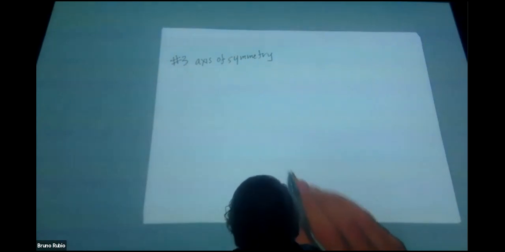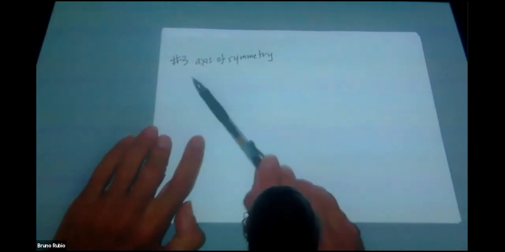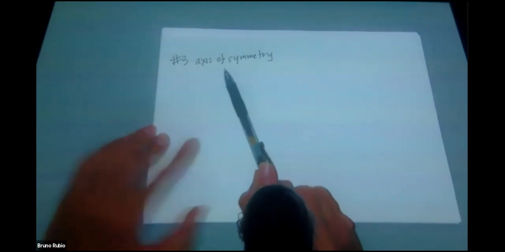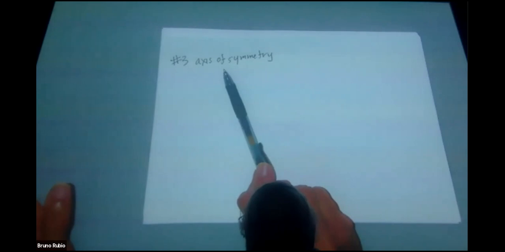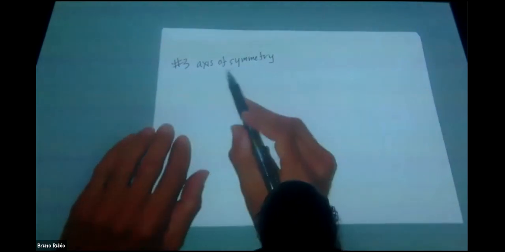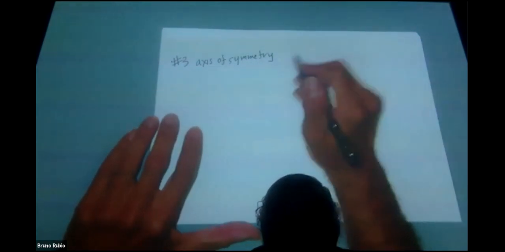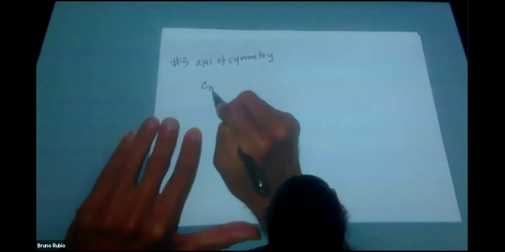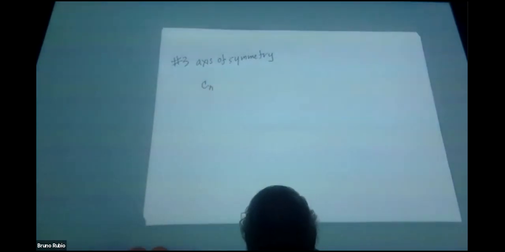Okay, so this is the most common symmetry element, but it is also devilishly hard to find in a molecule. And so the axis of symmetry is denoted by the symbol C sub n, right? That's the group theoretical symbol.